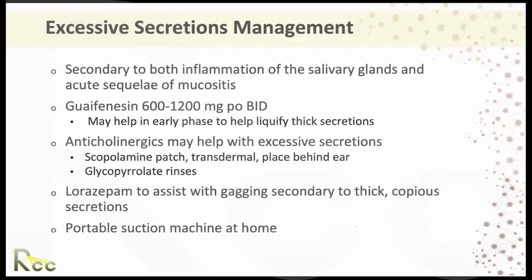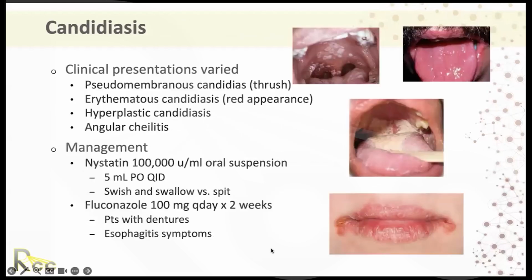I think we underestimate how many patients really have significant claustrophobia. And then ultimately, this is where rehab comes in: especially in oral cavity patients, we routinely use portable suction machines that patients have at home to suction their secretions while they're undergoing treatment and while they're recovering from treatment.